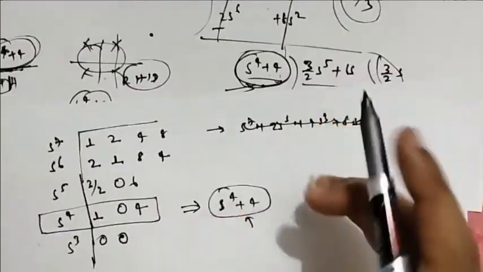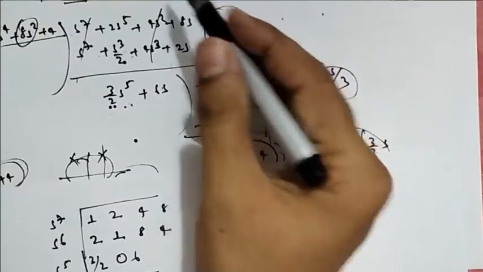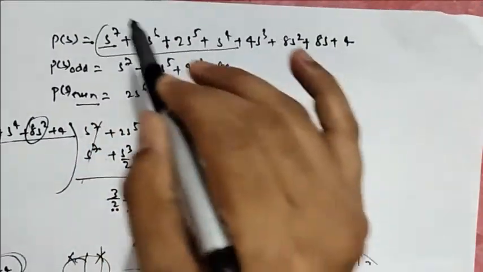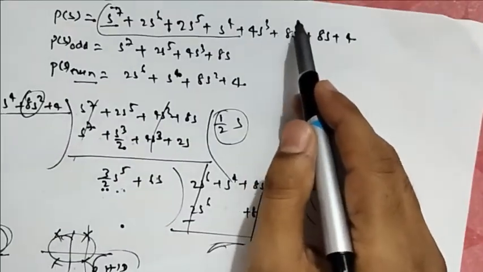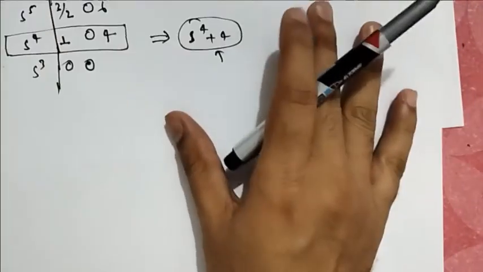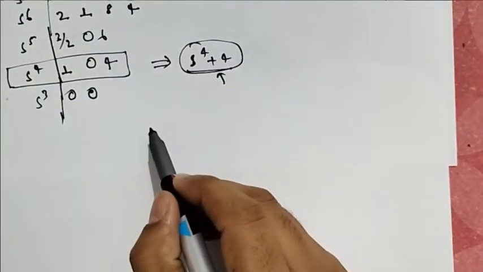If I multiply this with the remaining polynomial, then we are going to get the total polynomial. Now how are we going to check whether s to the power 4 plus 4 is Hurwitz or not?